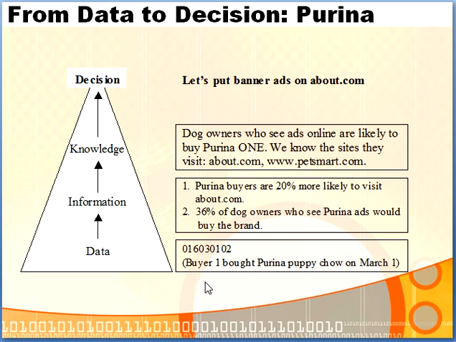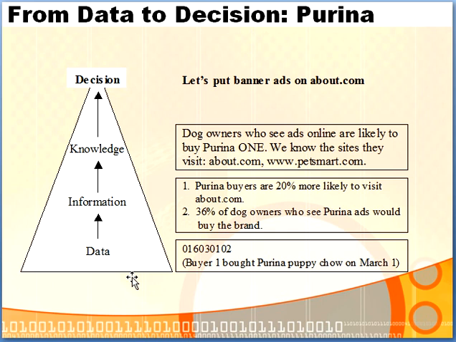In this case, for example, it shows this scanning, or the scan number of the product, and it just says buyer 1 bought Purina Puppy Chow on March 1. This is just the data, and in a store database, there could be thousands of such records, right, that people are buying the can.